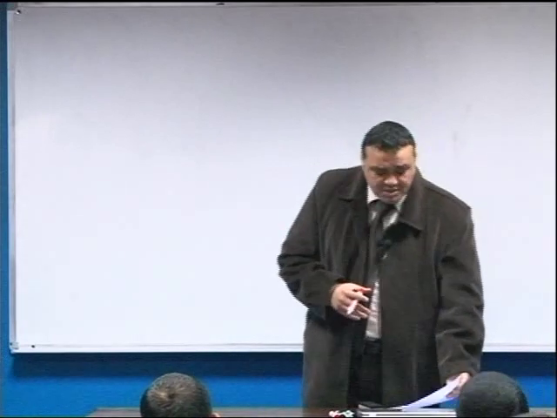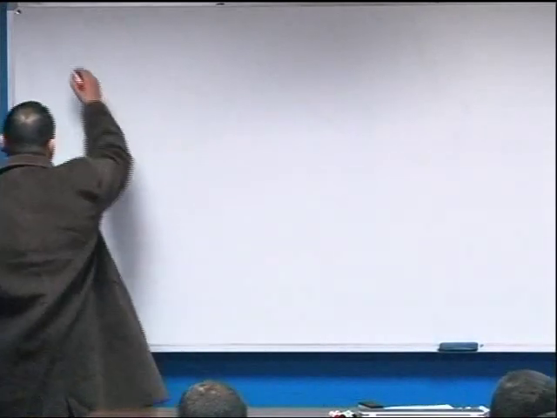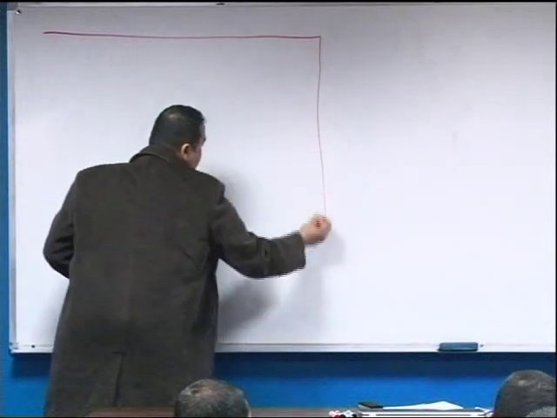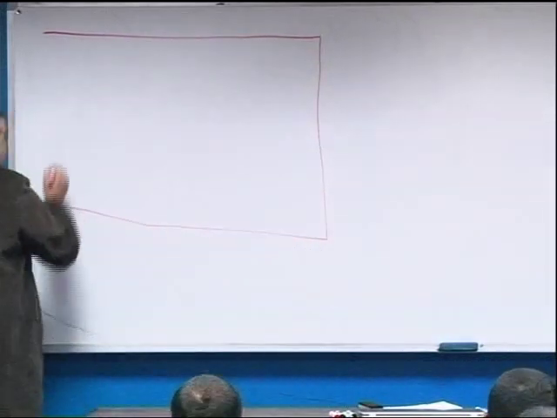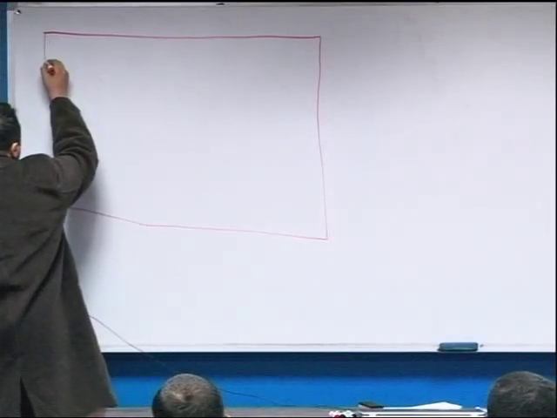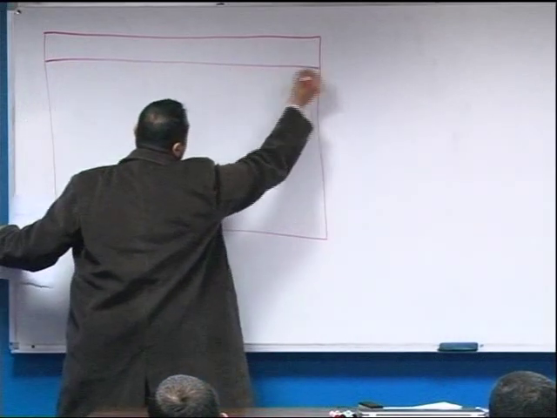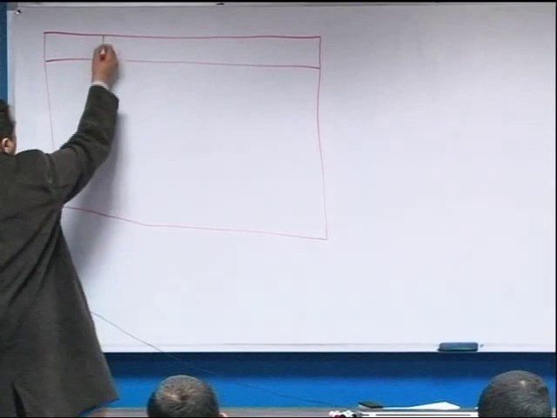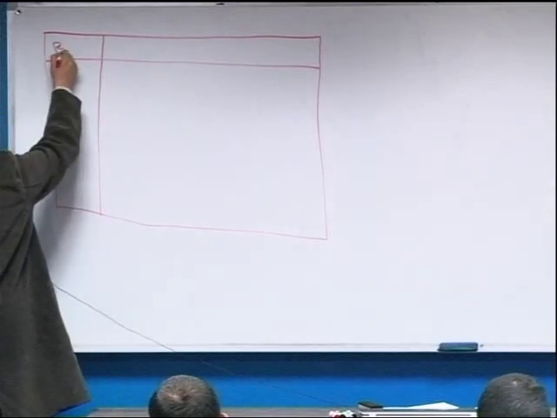To understand the concept of indifference curve, let's take the following example. Suppose that we have a consumer, and this consumer consumes different bundles or different combinations of goods of two products, the product X and Y. This is the bundle.